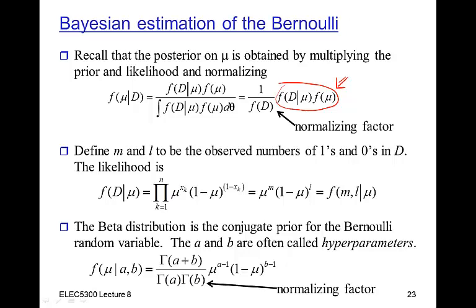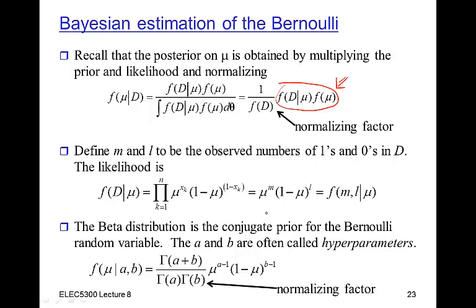Now let's look at the way we can express the data in a simple, compact way. Before, we talked about individual coin flips, x1, x2, x3, but if we count the total number of heads, call it m, and the number of tails, call it l, then the likelihood function of m heads and l tails is the probability of heads raised to the mth power times the probability of tails raised to the lth power.